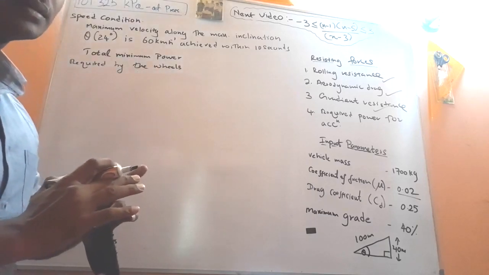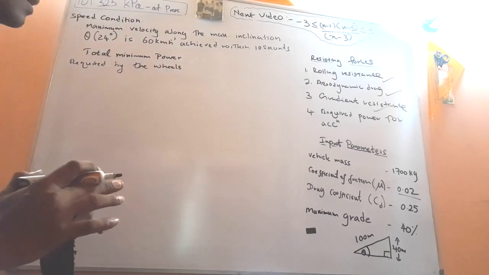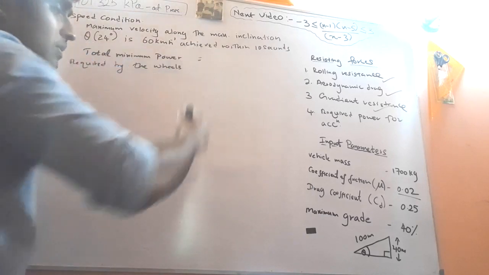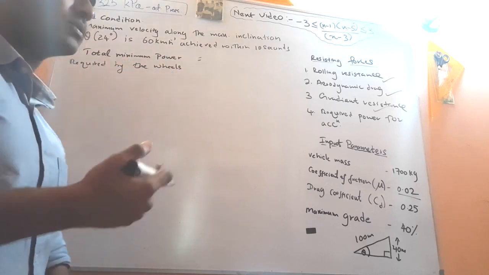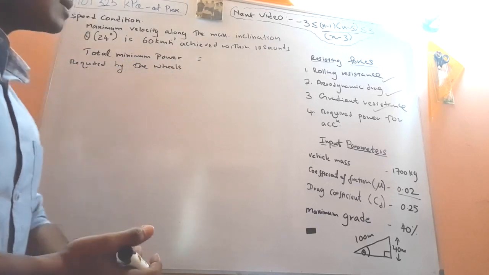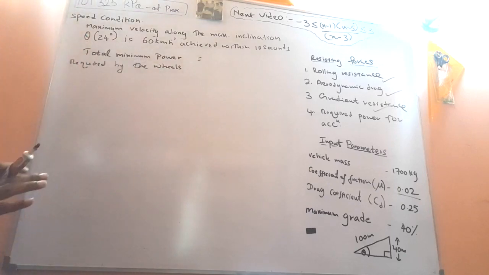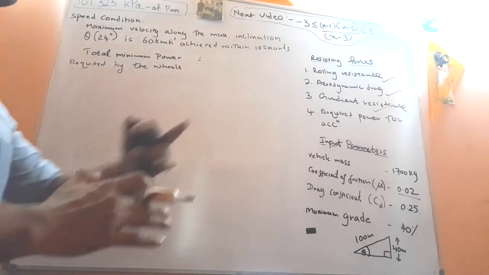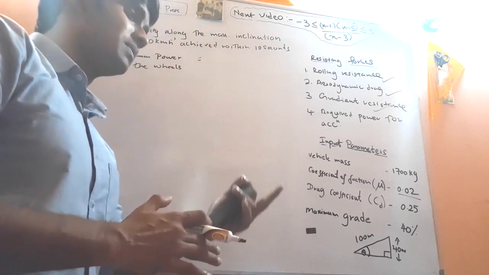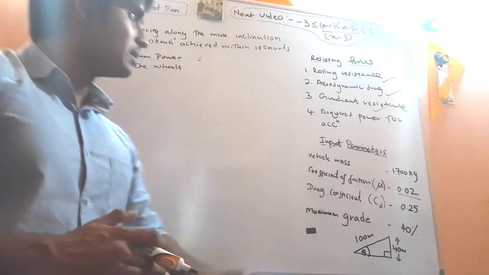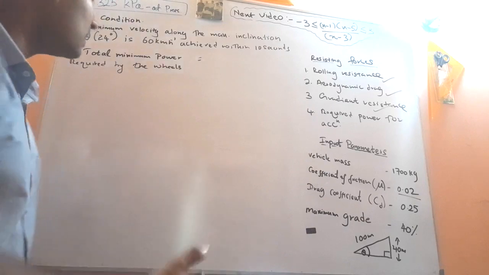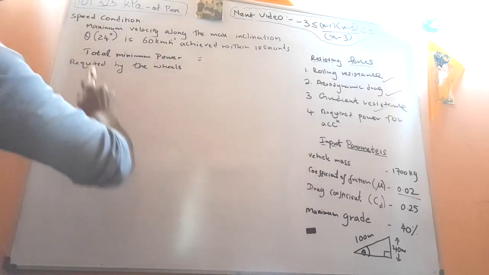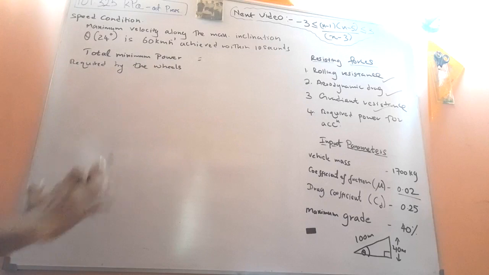That's a different scenario. Here what we obtain by calculations is not the actual brake horsepower or the indicated power produced by the engine. Indicated power is a different scenario and brake horsepower is also a different scenario, right? But here what we calculate is none of the brake power or indicated power. Here we calculate the total minimum power required by the wheels, right?